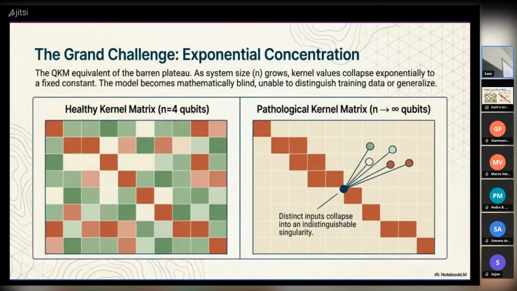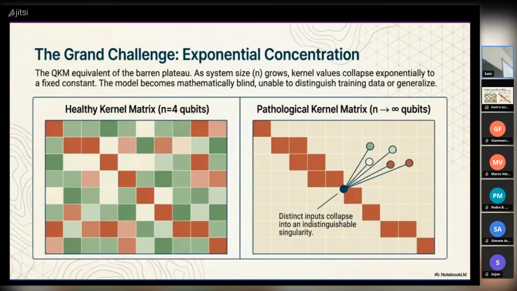But when the size gets large, might be 1,000 or 3,000, all the features are lost, because you only have the diagonal elements remaining, and each element is orthogonal to the others.